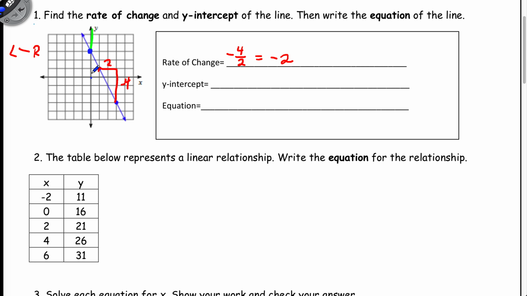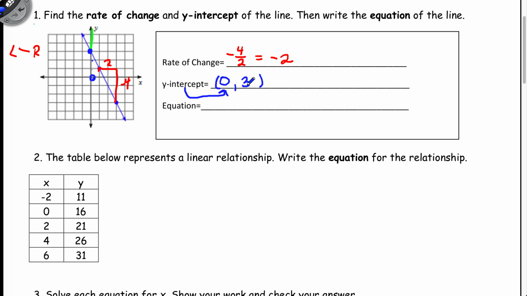Well, here's 0, 1, 2, 3. Now we don't say the y-intercept is 3, because there is no 3 truly on a graph. There's always 2 points. So, what was your x? My x was 0. So, it's 0, 3. And I'm going to give you a hint. Your y-intercept is always when you have a 0 for the x.